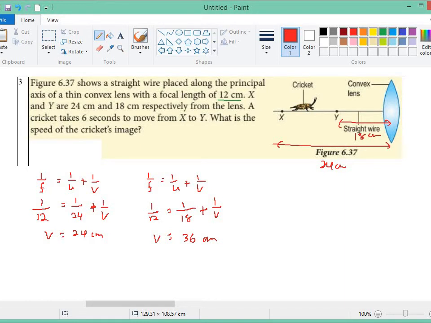So that means the image of the cricket goes from 24 centimeter to 36 centimeter. So the distance traveled by the image is 12 centimeter and the time it takes is 6 seconds.